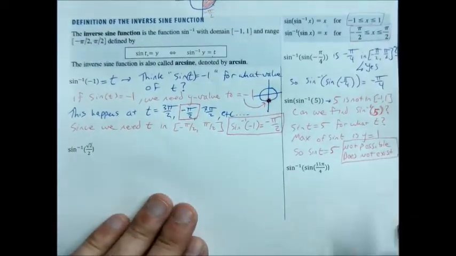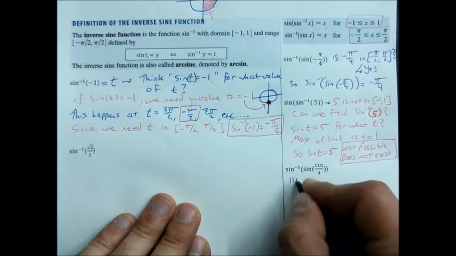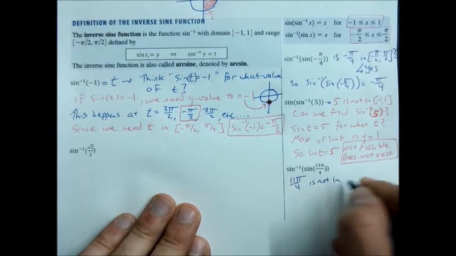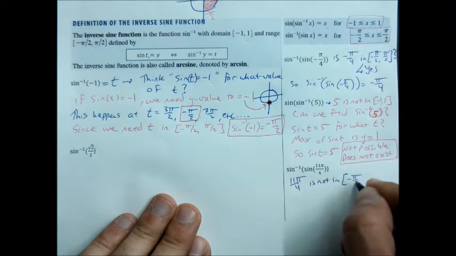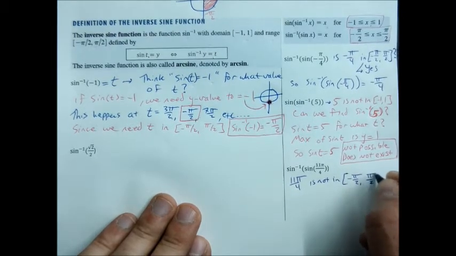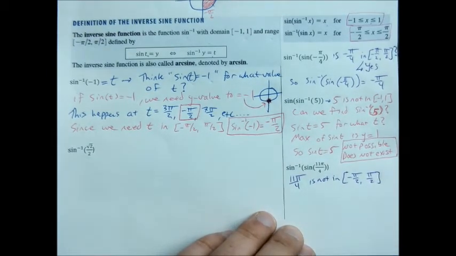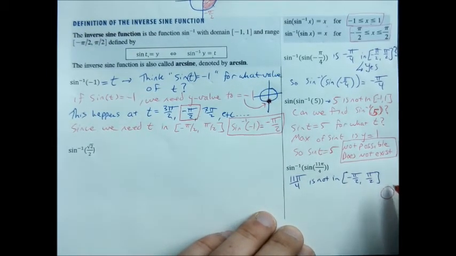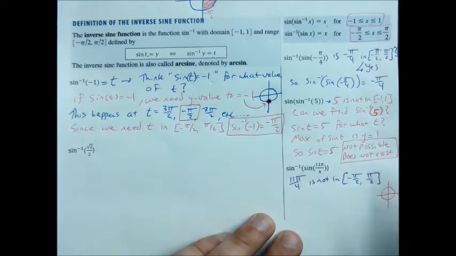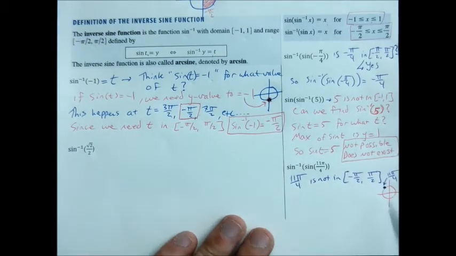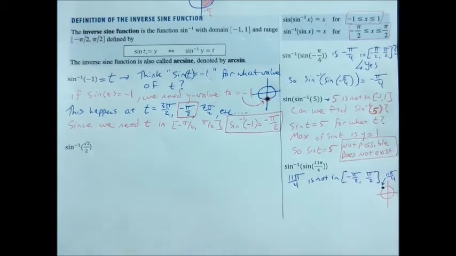All right, so let me write that down. 11 pi over 4 is not in the right interval. Instead, it's over on the left-hand side of the graph. That's where 11 pi over 4 is. It's on the wrong side.